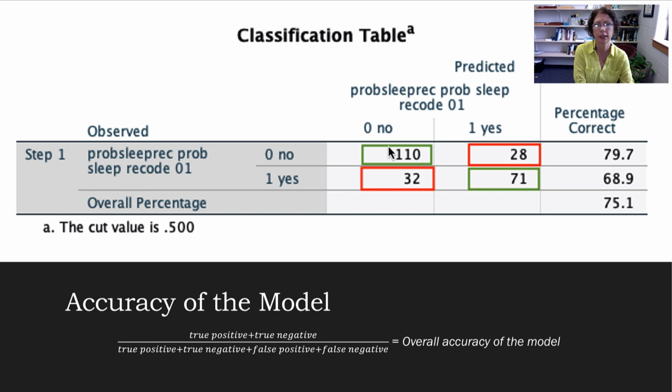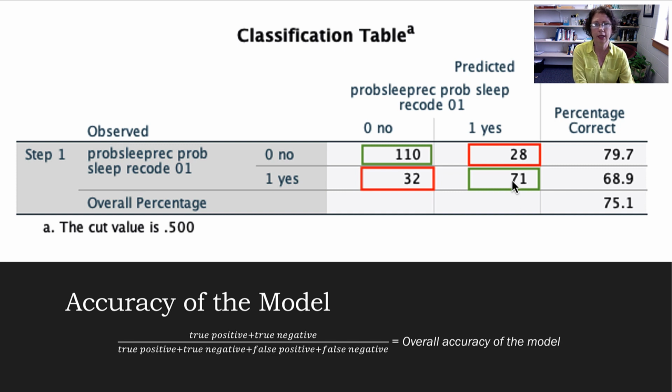Similarly, if we predicted that this case would not report a sleeping problem and they didn't, then that is an accurate prediction, right? So those are times, true positives and true negatives, when the regression equation got it right.